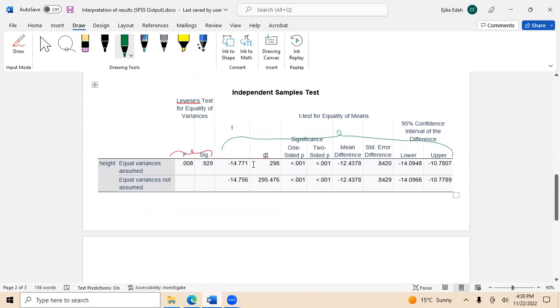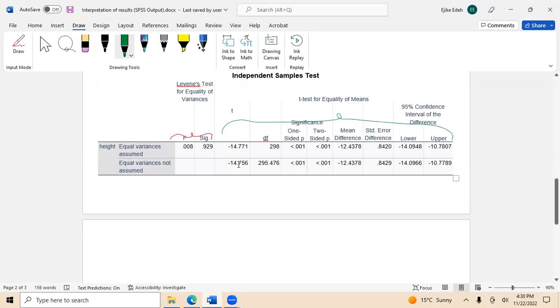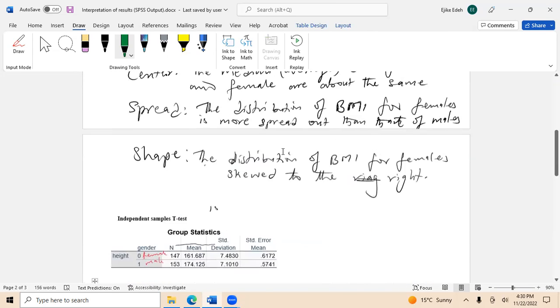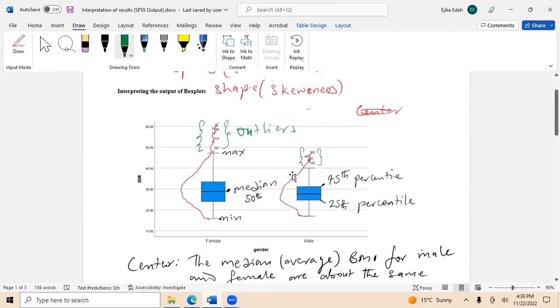So for the first part, the Levene's test of equality of variance, the Levene test is simply trying to say, are these two groups spread out in a way that makes them still comparable, okay? The data set used here is just the height, right? For male and female, that is what is being compared, okay? But over here, this is BMI that is being compared, okay?